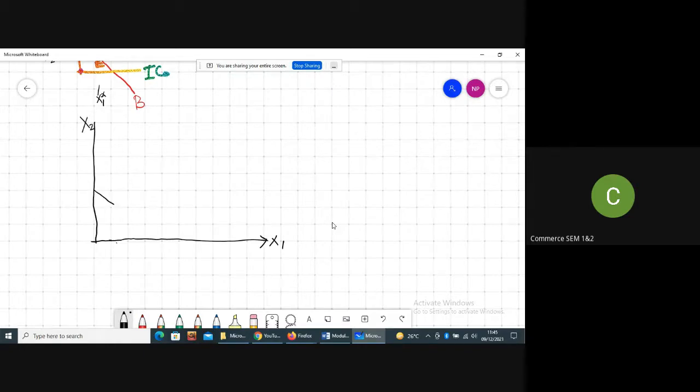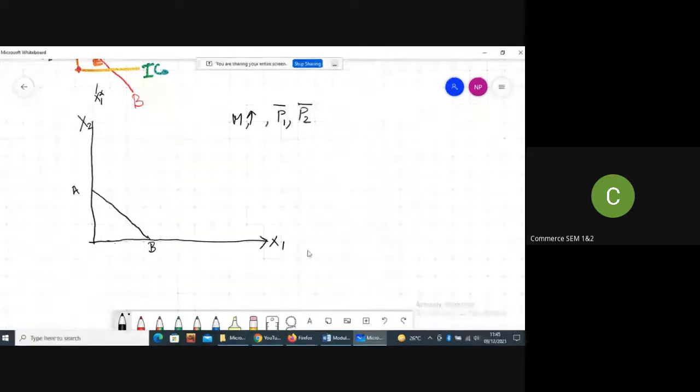So if this is the initial budget line AB, and if your money income increases, with the prices of the two commodities remaining unchanged, then what will happen to your budget line? We have discussed it in yesterday's class.